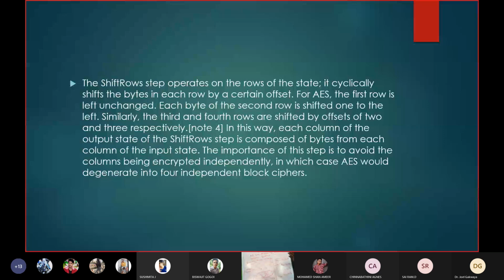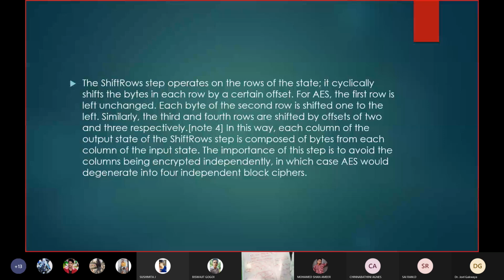The third row is shifted 2 steps from right to left. The fourth row is shifted 3 steps from right to left, and the rest will be the same as it was.